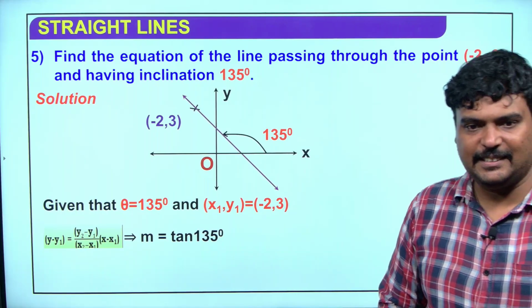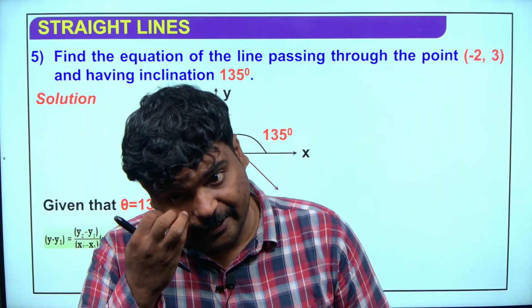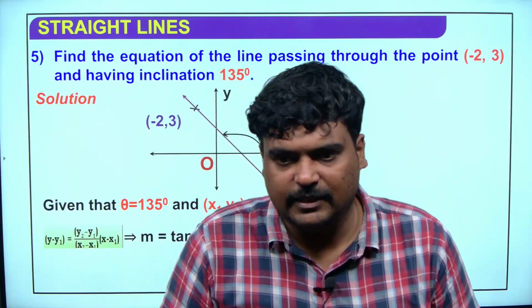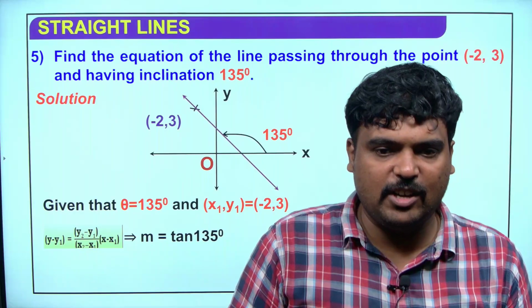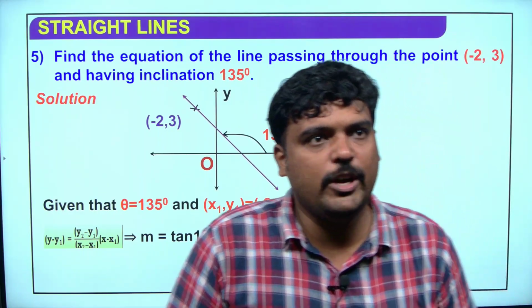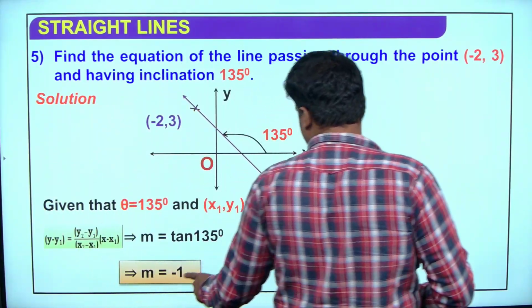So second quadrant. In second quadrant, tan is negative. But 90 is also there, so it will get reciprocal, that is cot. Minus cot 45. What is cot 45? 1. So the answer is going to be minus 1. The slope is minus 1.